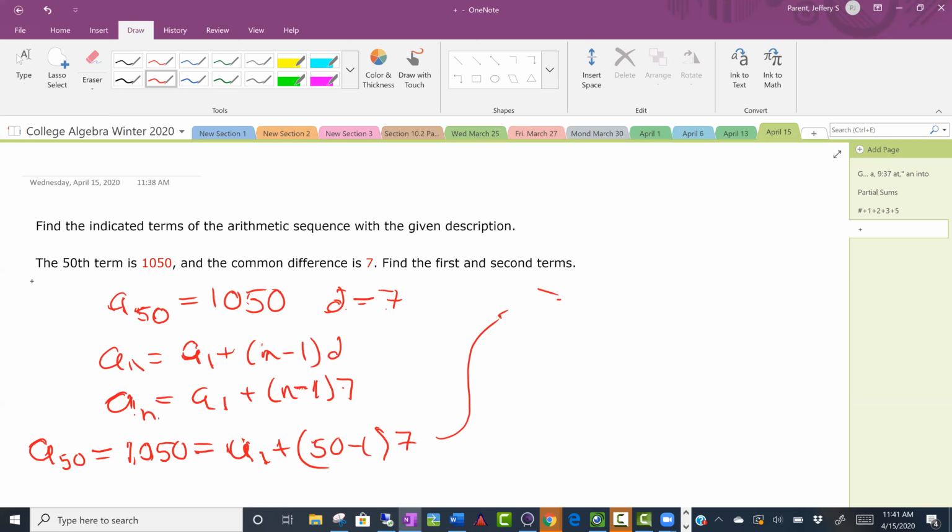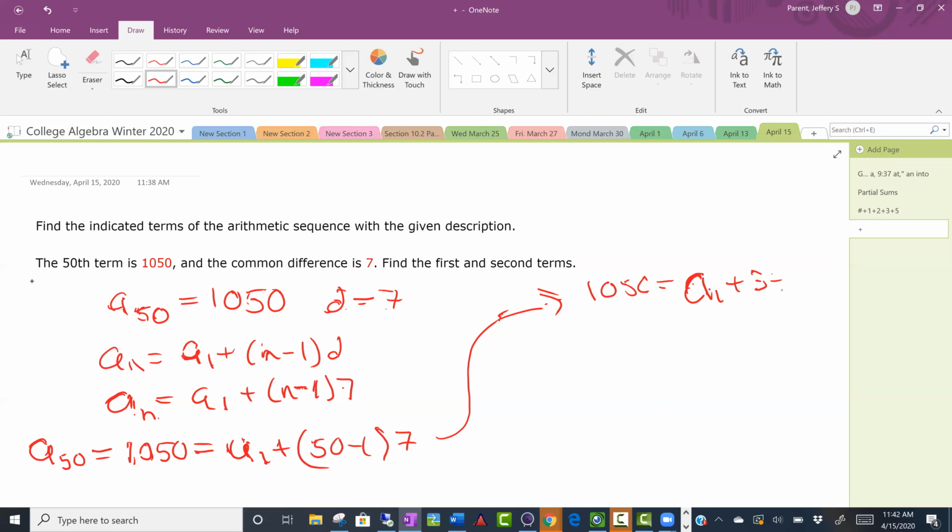All right. Well, the only unknown here is a sub 1. So let's solve for that. We get 1,050 is a sub 1 plus, that'd be 49 times 7, I think it's 343.